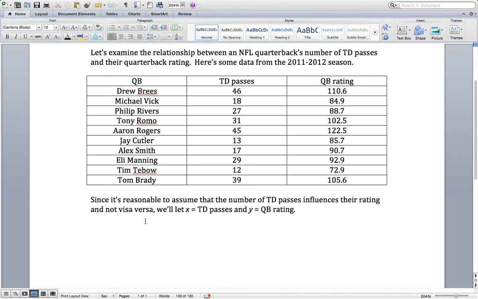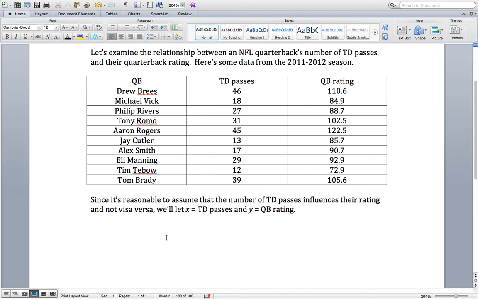First thing we have to do is determine which is X and which is Y. It's reasonable to assume that the quarterback rating is a function of the number of TD passes, because the number of passes is used in creating the quarterback rating. So because of that, we're going to let the touchdown passes be our X and our Y be the quarterback rating.